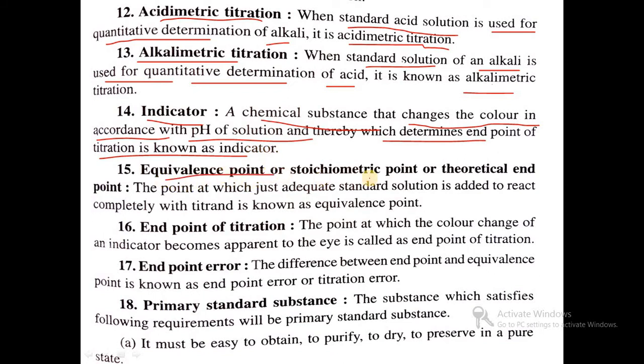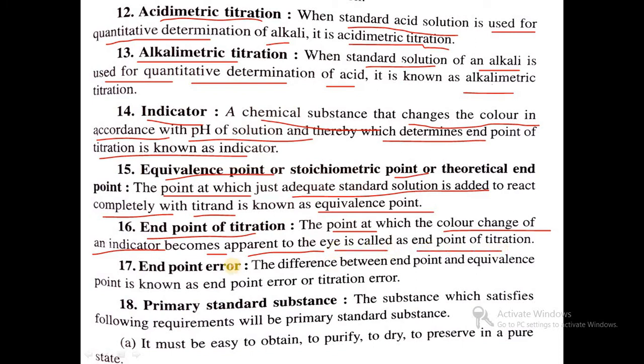And what is the equivalence point, or stoichiometric point, or theoretical end point? The point at which just adequate standard solution is added to react completely with the titrant is known as the equivalence point. Then what is the end point of titration? The point at which the color change of an indicator becomes apparent to the eye is called the end point.